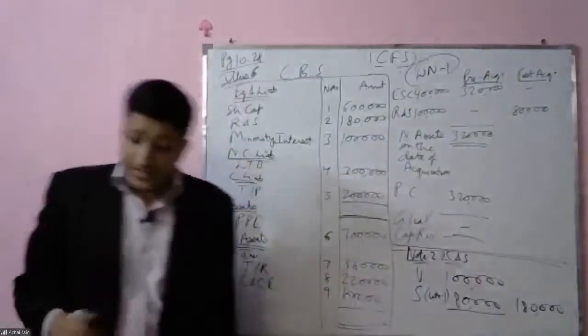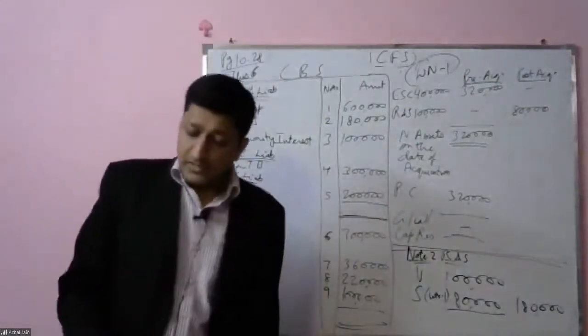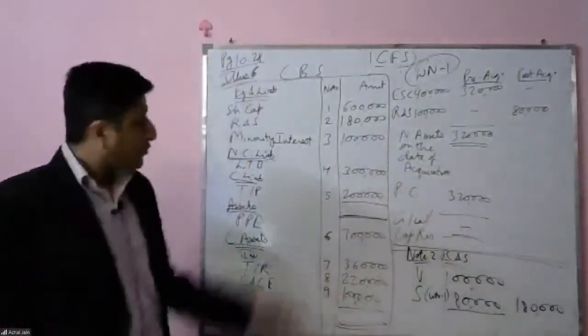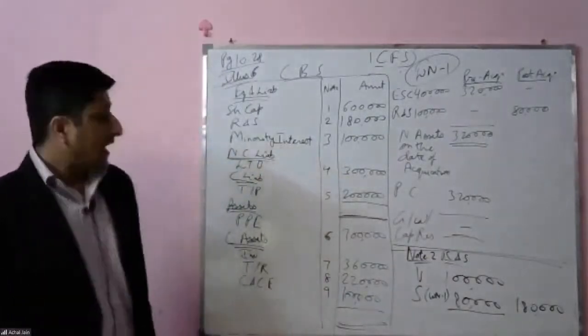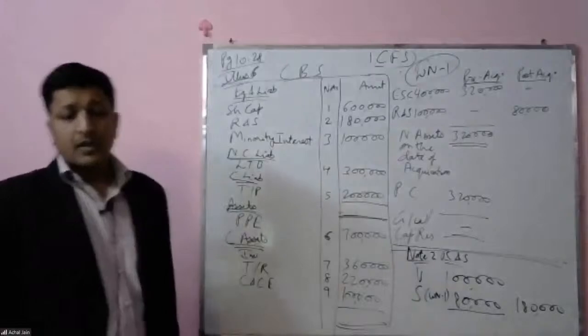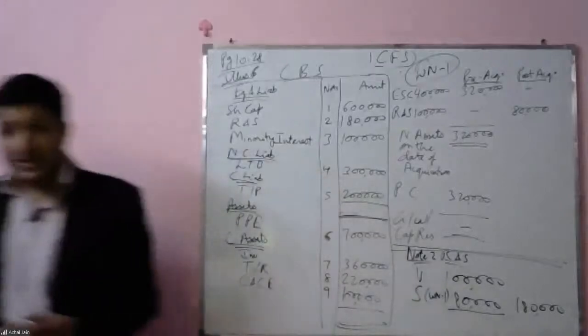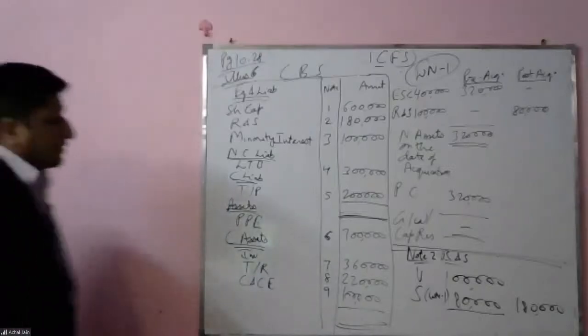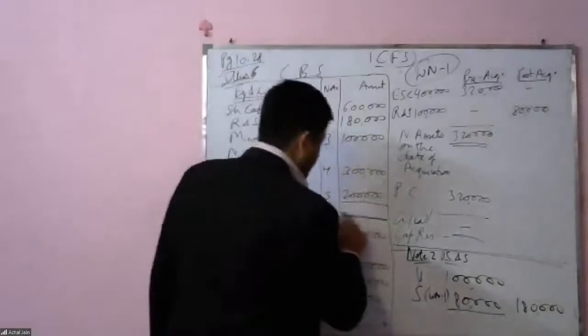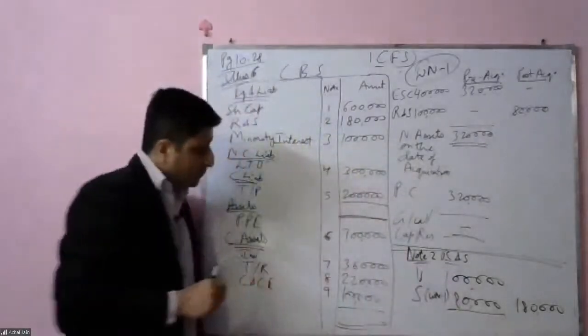Now, with this, can you give me the total of the 2 sides of the balance sheet? Assets total and the liabilities total. Can you all give me the total, please? Quickly. This is the most important part.